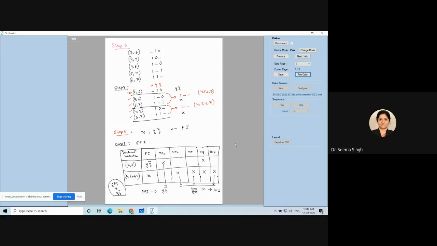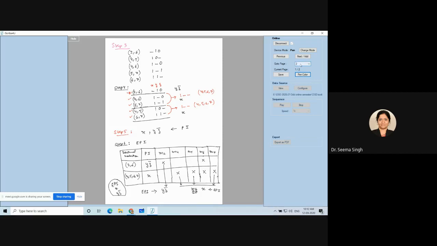Now you can verify your answer using a K-map also. Okay. So I want you to quickly make a K-map of it and show me the verification. Verification of this question by making a K-map. I assume that each one of you knows the K-map properly now.